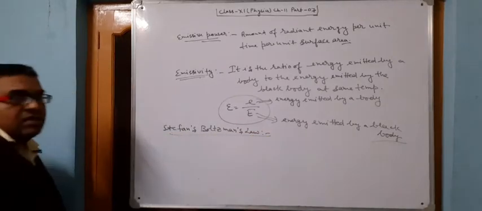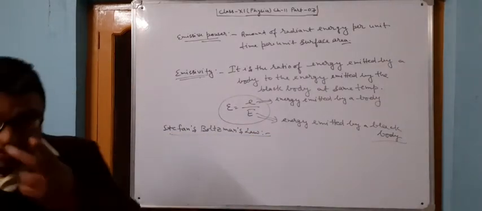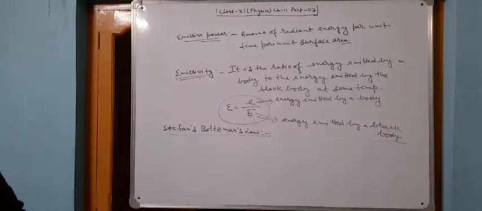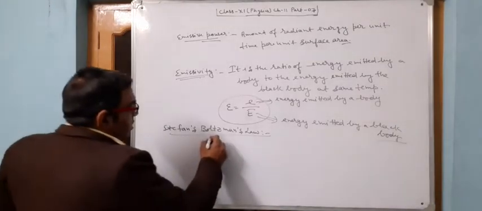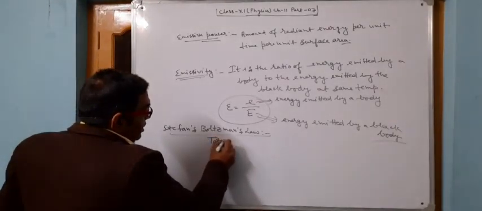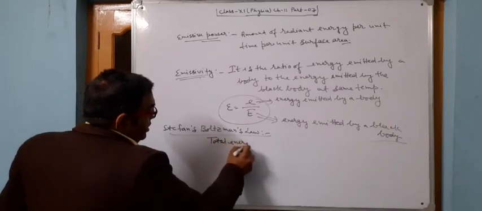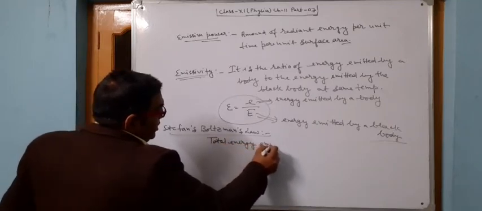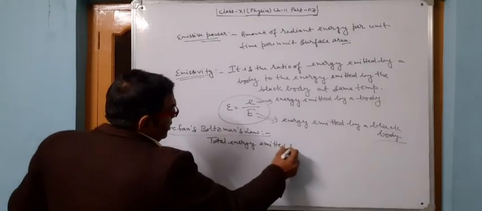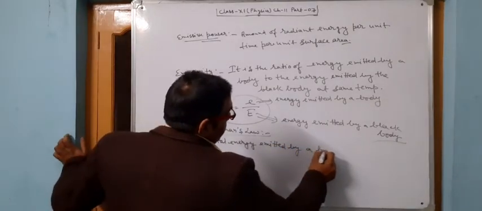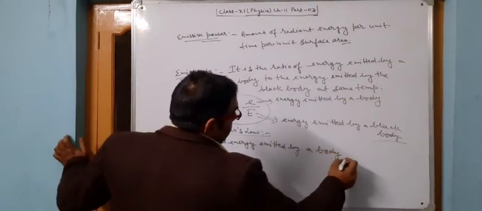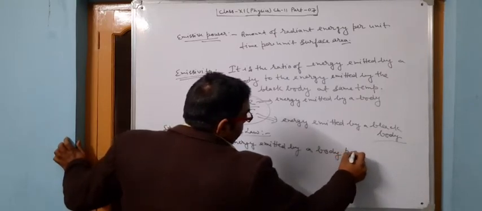So what does this law say? Stefan-Boltzmann's law said that total energy emitted per second by a unit area of the body is proportional to fourth power of absolute temperature.